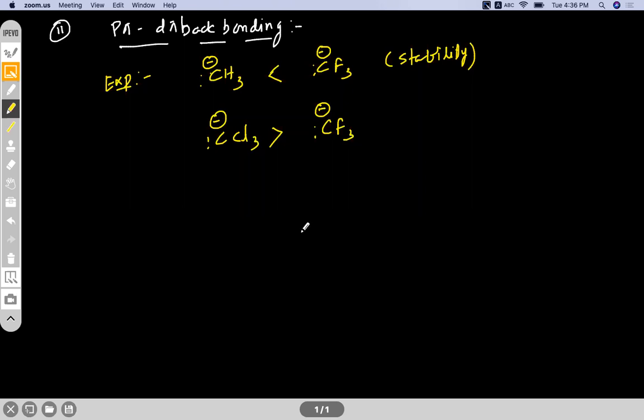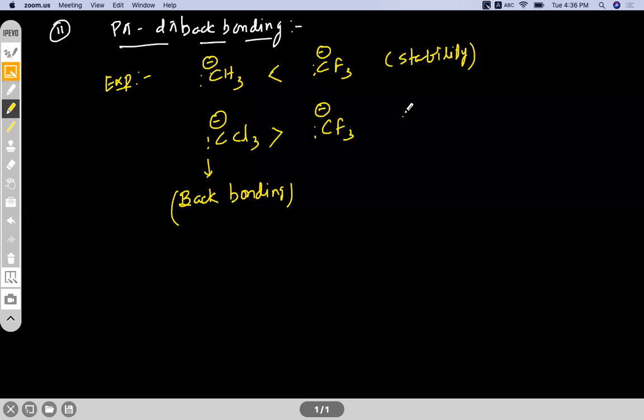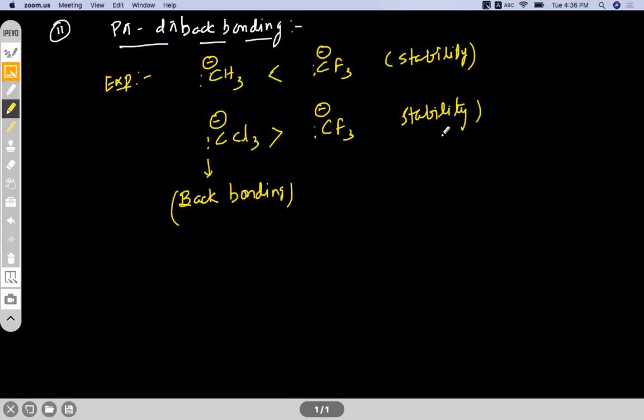This is because of the back bonding. Stability order is this.